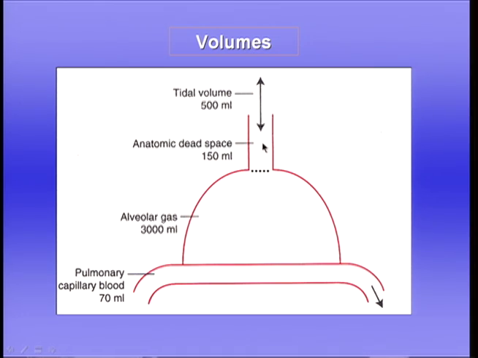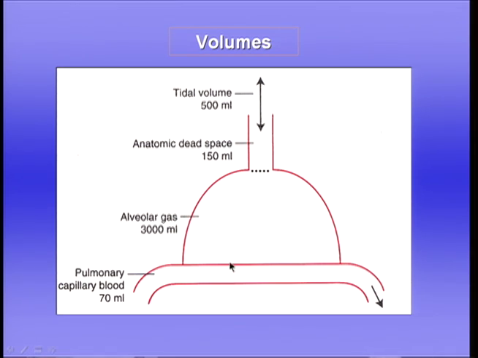Some of it remains behind in the anatomic dead space. In fact, 150 ml does. But the volume of the alveolar gas, of course, is enormous. In this example, another ballpark figure, about 3,000 ml, about 3 liters. So, as you might expect, the largest volume of gas in the lung is in the gas exchanging region.